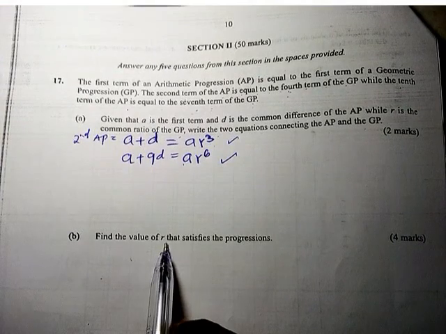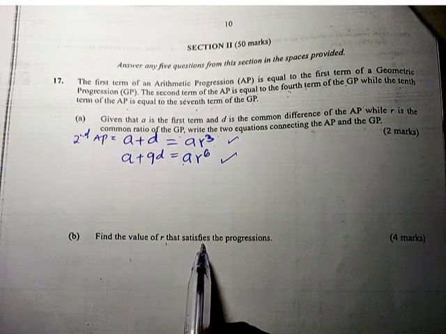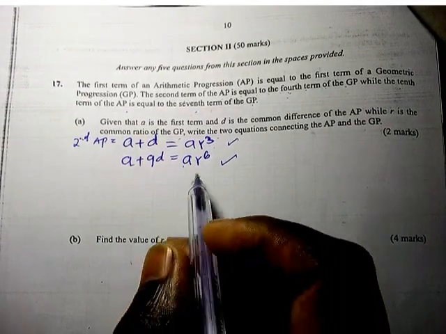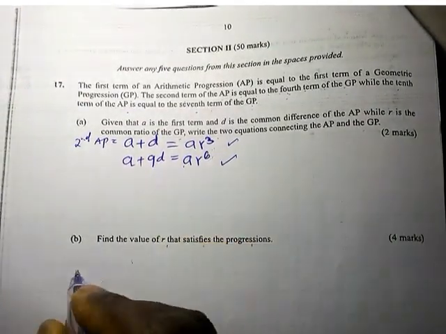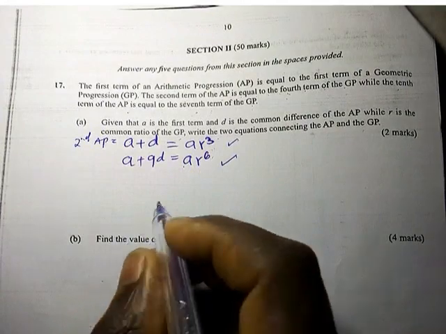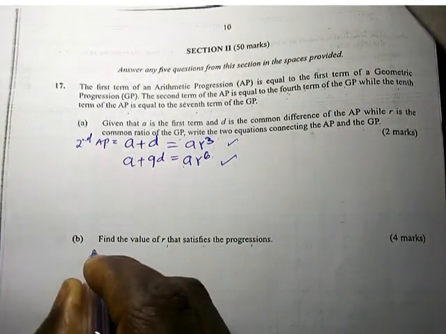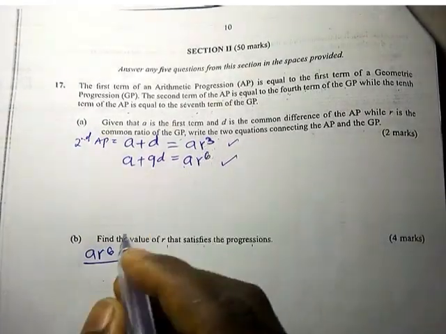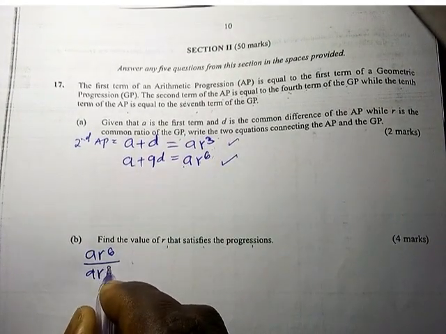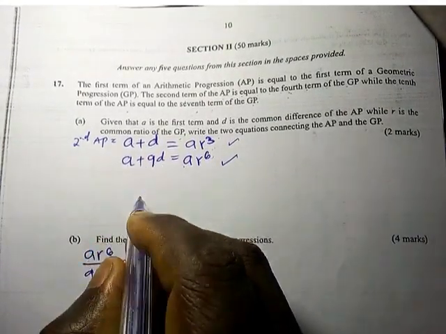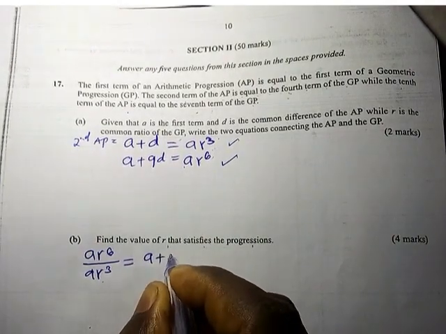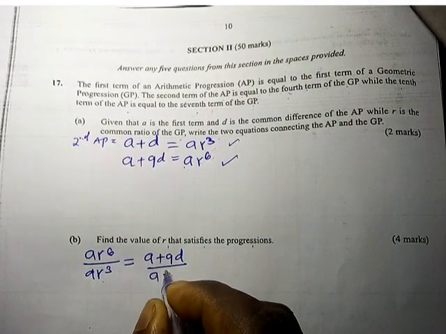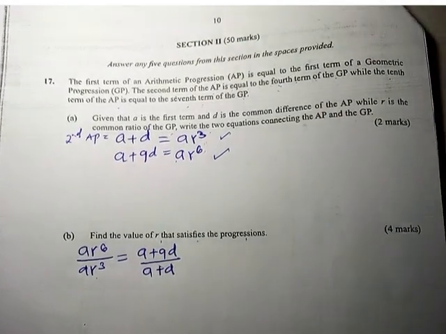Find the value of R that satisfies the progression. Good. So we know that to get R for a GP, we have AR^6 divided by AR^3 will be equal to A plus 9D divided by A plus D. Right?